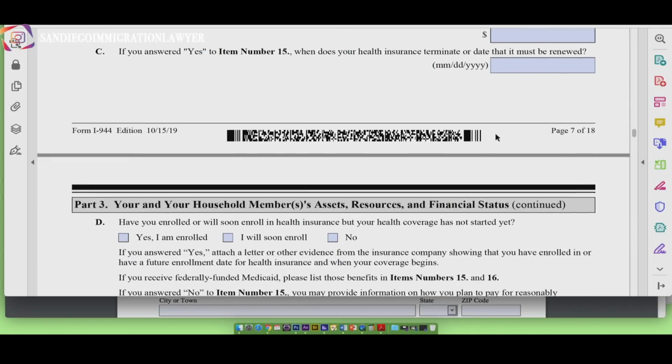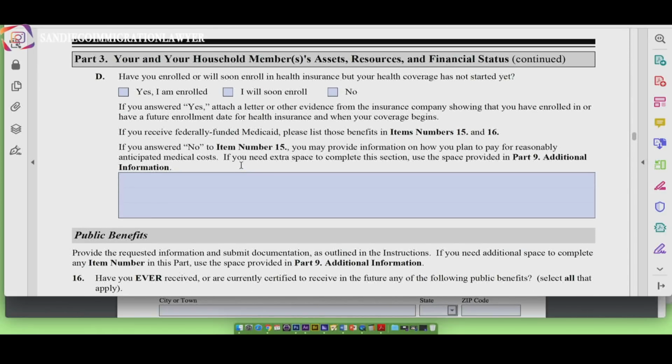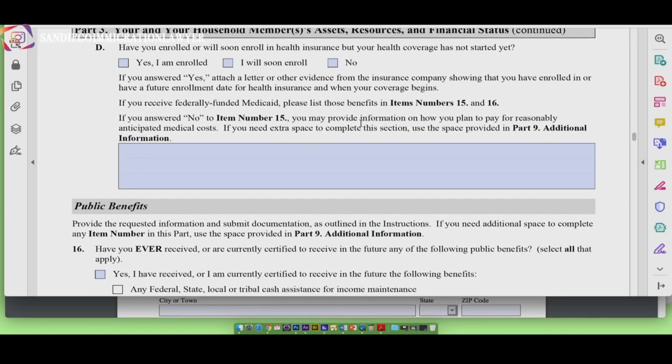So they will ask you if you have enrolled or will soon enroll in health insurance, but you don't have it yet. And so if you answer yes, I am enrolled, they will want to see evidence. If you say I will soon enroll, again, they will want to see evidence. They'll want to see a letter from the insurance carrier saying that they will soon enroll you in the insurance.